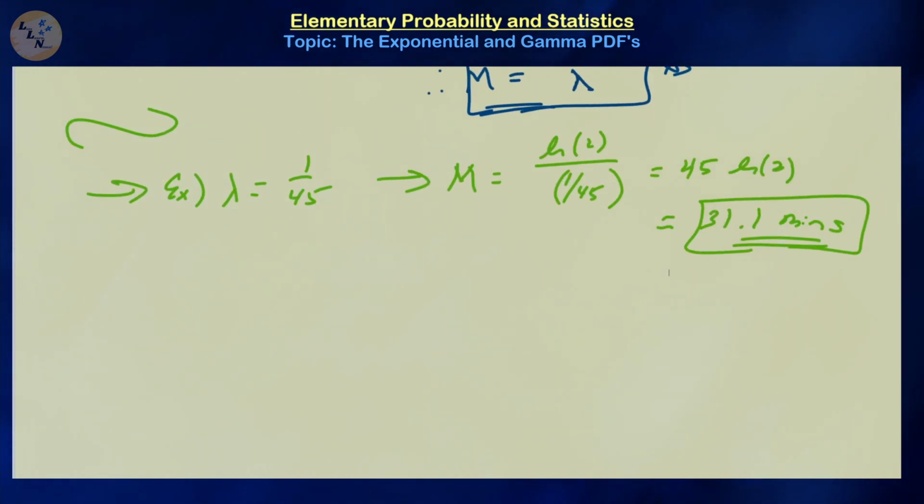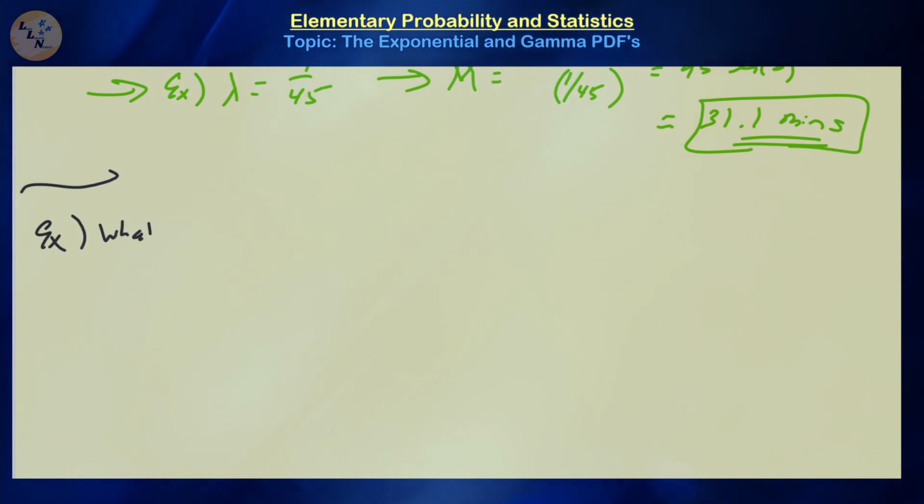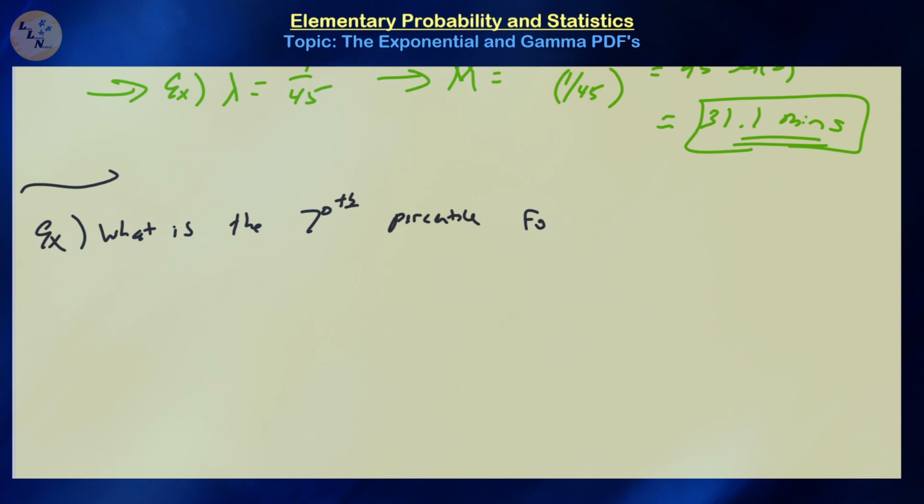What about percentiles? Because remember, for the continuous random variable case, the median and the 50th percentile are equivalent numbers. So let's look at percentiles briefly. So what is the 70th percentile for shopping time?